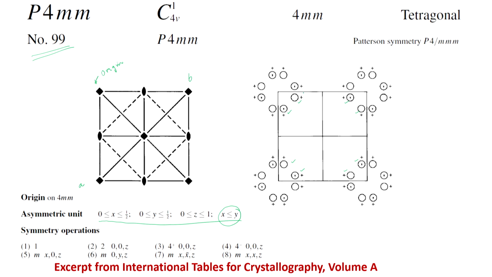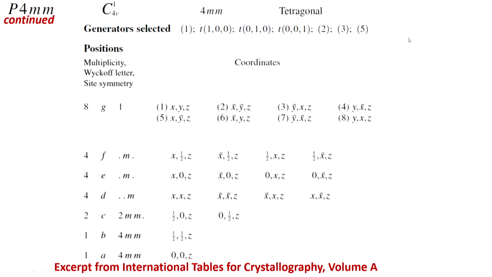So, instead of this, what we have as the asymmetric unit is half of this thing. So, this is my asymmetric unit. Then one can look at again quite a few special positions, and the general position has a multiplicity of 8, and hence you can see that there are 8.